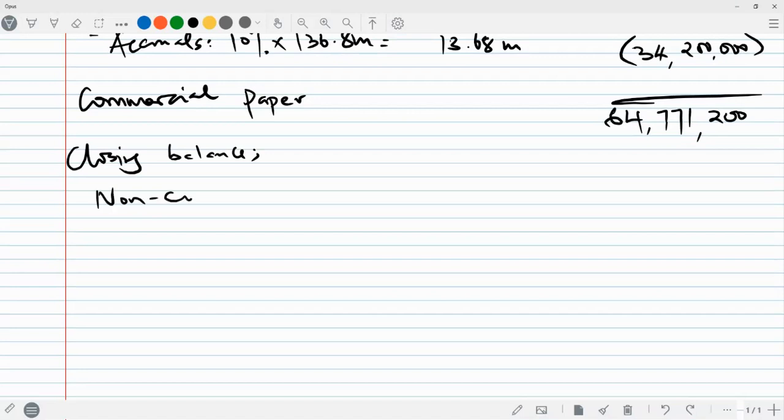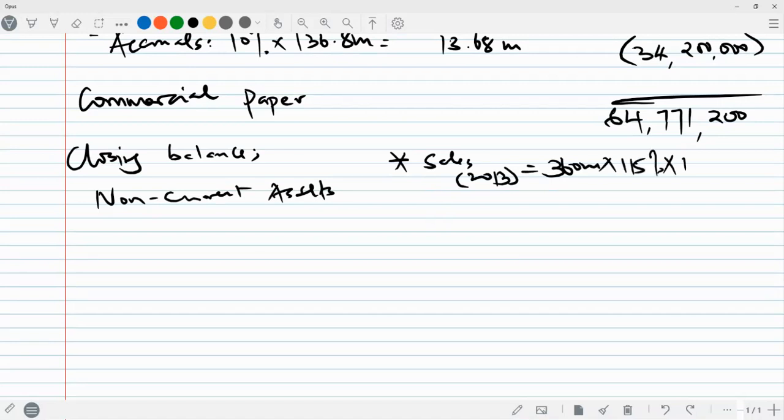Non-current assets. What's the sales figure as at 2013? I think we saw 60 million times 15% times 20%.